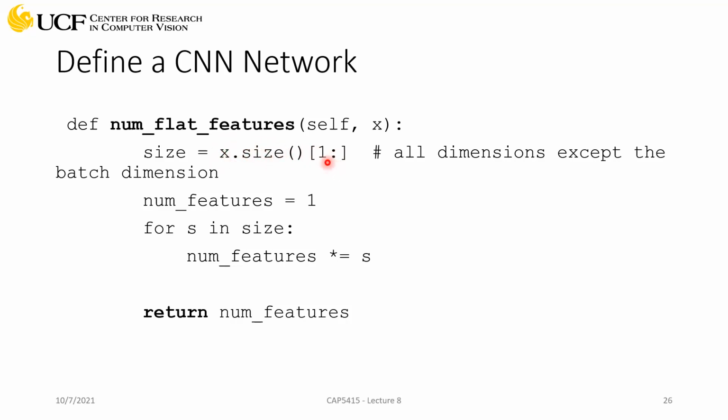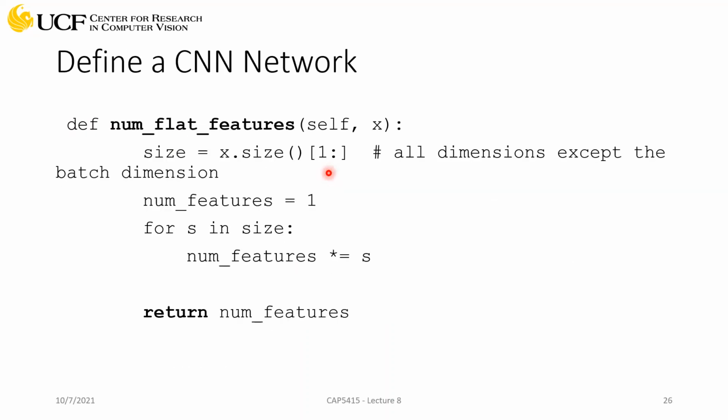But we are slicing it. So we are not taking the first value, but all the other values, which means that we will ignore the batch size, right? And then we only include the three-dimensional feature vector, which is the depth and x and y, that will be 16, 6, and 6. So then you can see that this will be a list which will have these three values, 16, 6, and 6, and we're just iterating over that and multiplying. So we are multiplying 16 times 6 times 6, and that's the number of features we have in our feature map, and we are just going to return that. So the key is just to ignore the batch size. All right.